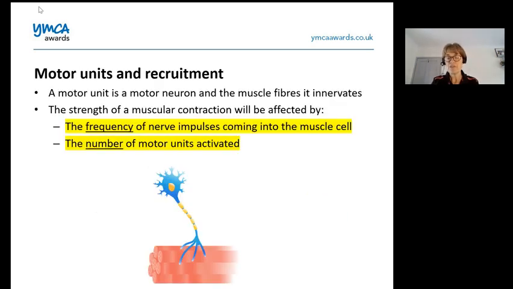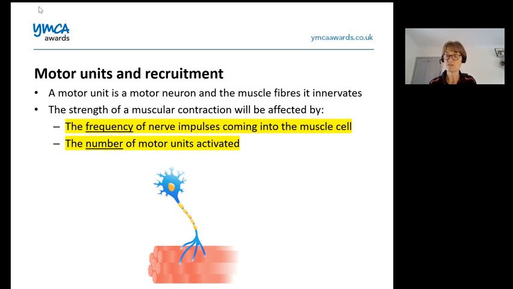So the strength of an actual muscle contraction is going to be affected by two things. It's going to be affected by how often, the frequency of the nerve impulses that arrive at the muscle cell, and also the number of motor units that are activated. There are going to be many different motor units within one muscle, and depending on the required force, the body will recruit a certain number of motor units.